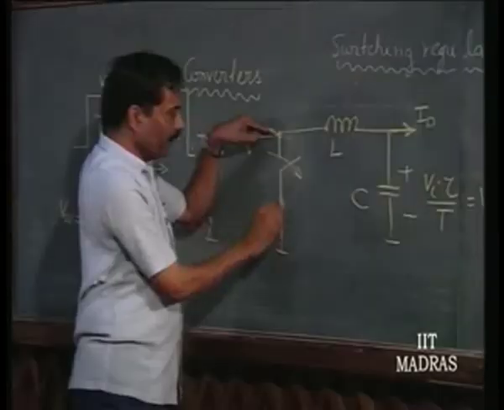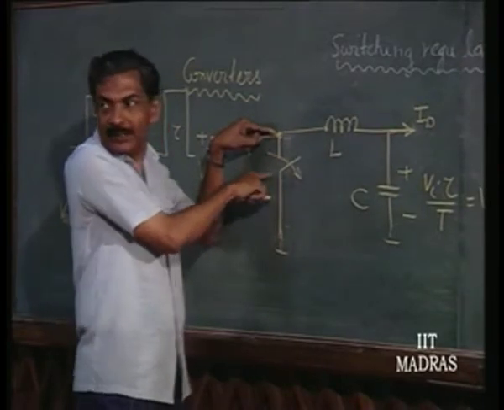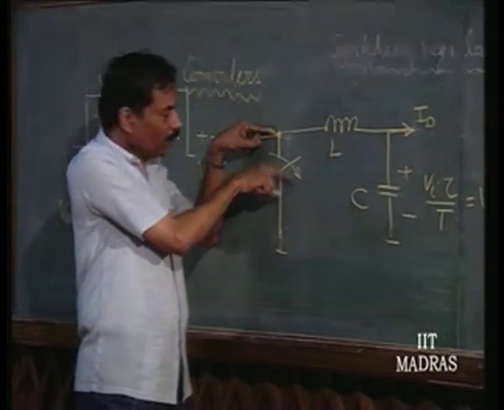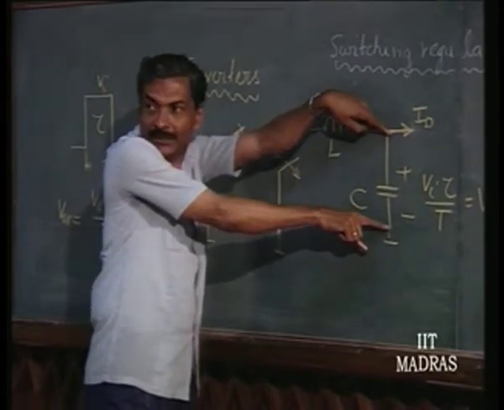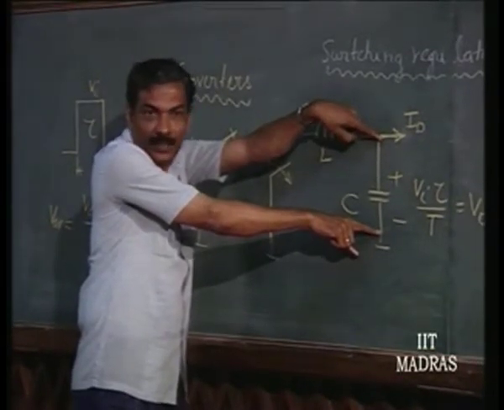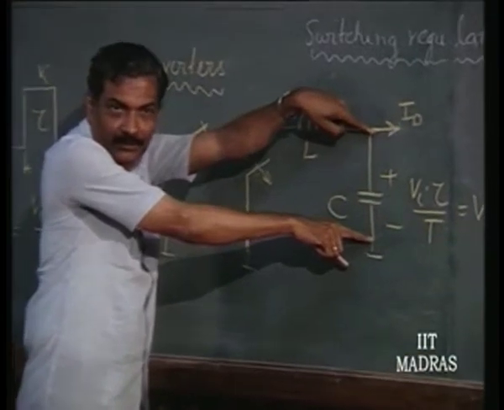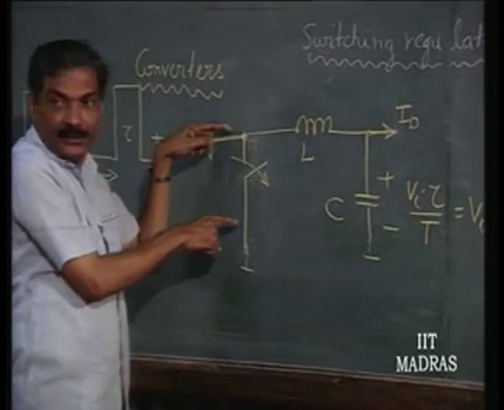It is going to be Vi when the switch is closed, 0 when it is open. And what is the voltage here? At all times it is V equal to V naught. I am going to consider that, which is not exactly correct, that is an approximation, but that is good enough. So, this is V naught and this is V I.